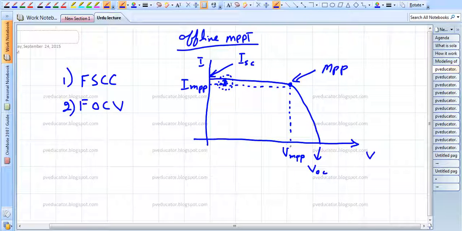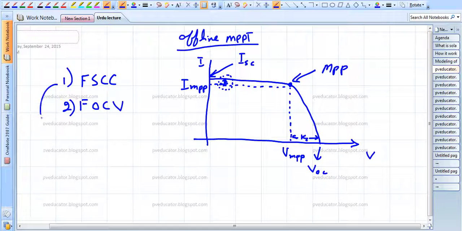And similarly for the open circuit voltage, this VMPP is at a distance of a fraction K2 from this VOC. So in either case we have to measure the offline parameters.